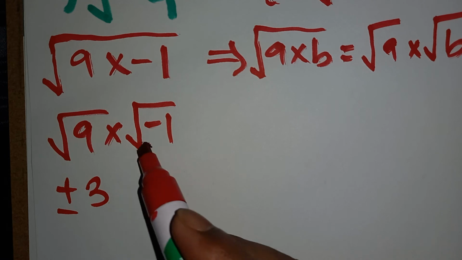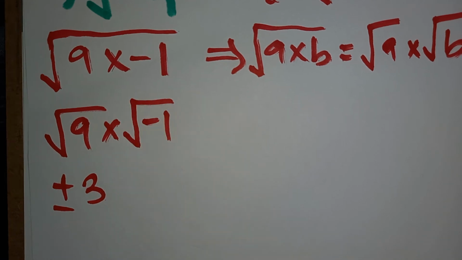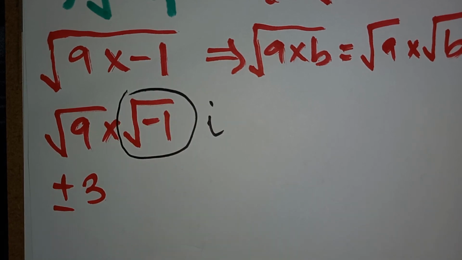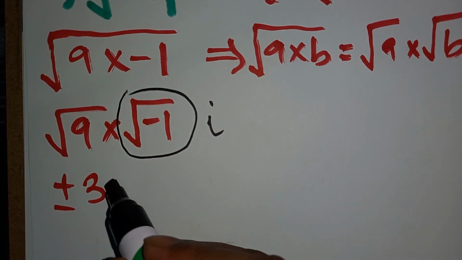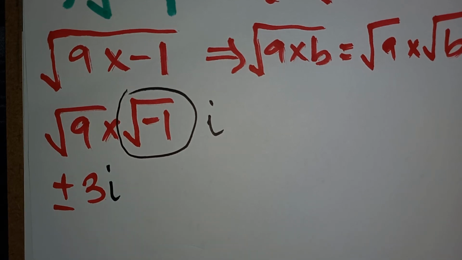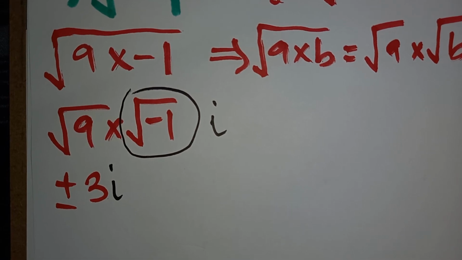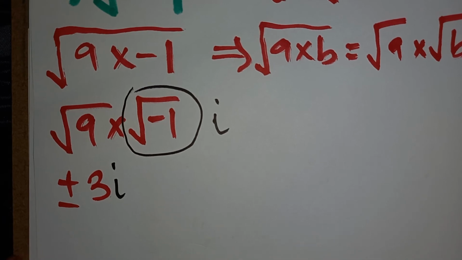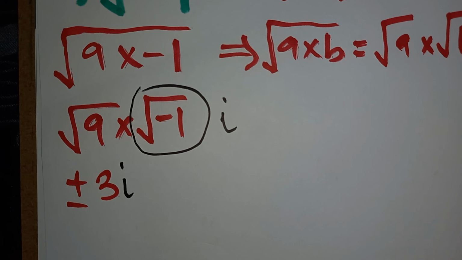So we replace root of negative 1 with i, and we'll have 3i. So that is how the negative number can be evaluated.